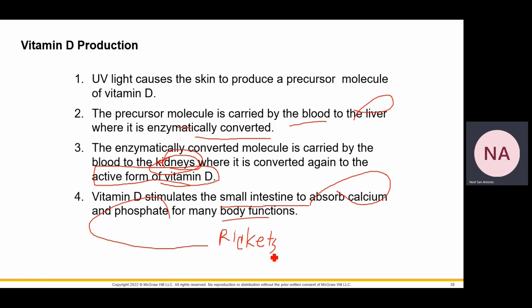And usually, children with darker skin are prone to rickets. Kasi the darker the skin, the more melanin, the lesser amount of UV light penetrates. Walang masyadong napoproduce na inactive vitamin D. Walang mako-convert si kidney. Kulang ka sa vitamin D. Hindi ka makaka-absorb ng calcium and phosphate. Okay?